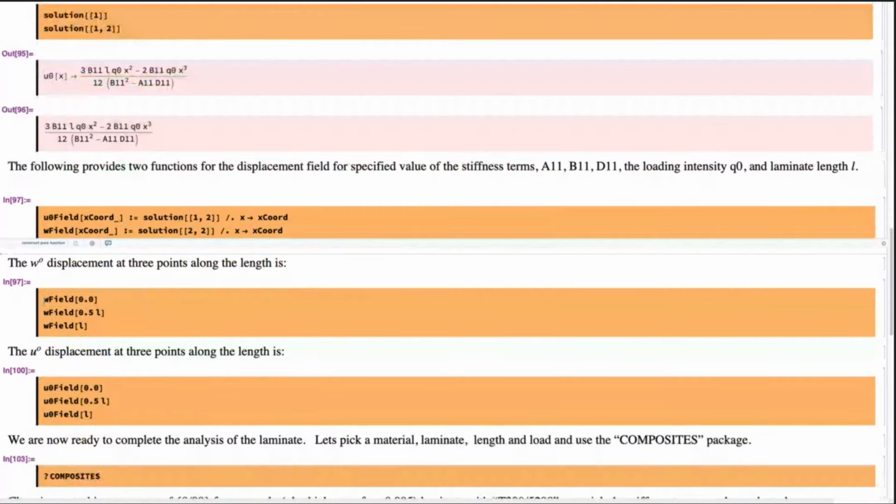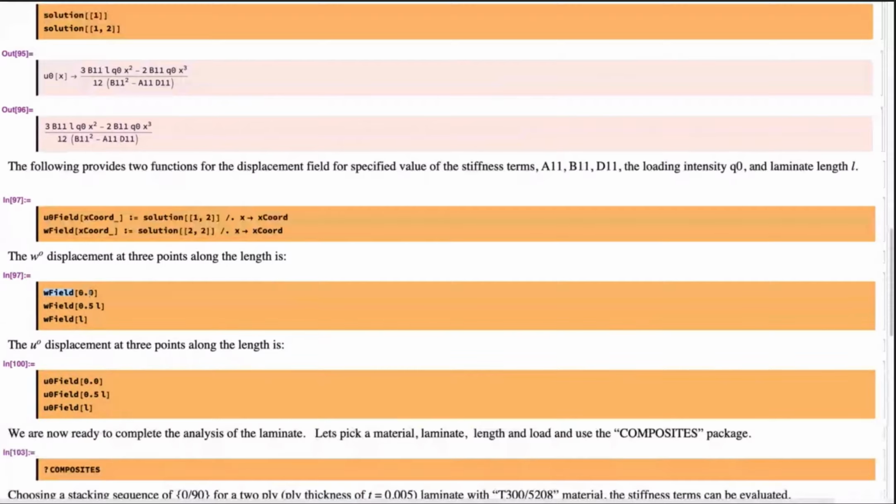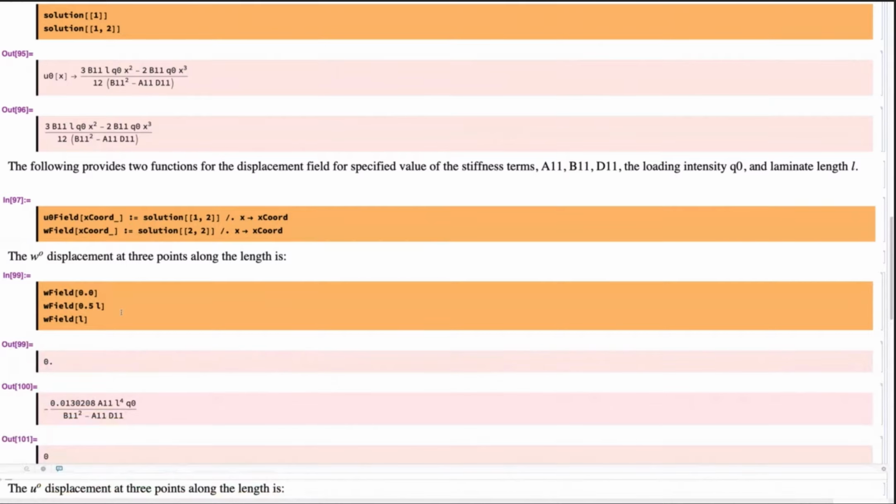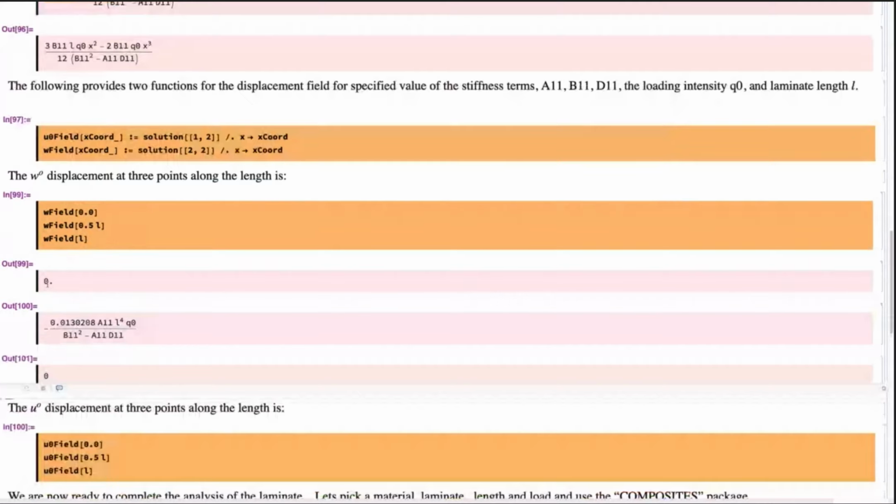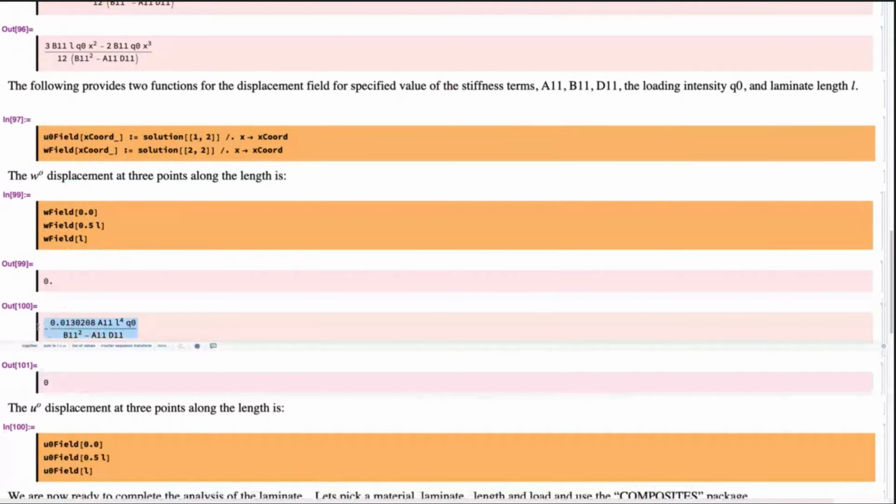So let's take the W displacement and evaluate it at X equals 0, or halfway along the length, 0.5 L, or at the other end, L. We know the solution to this. W is 0 at 0, W at L equals 0, and W at halfway is the largest.